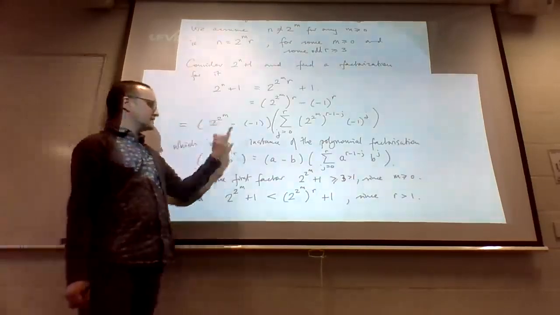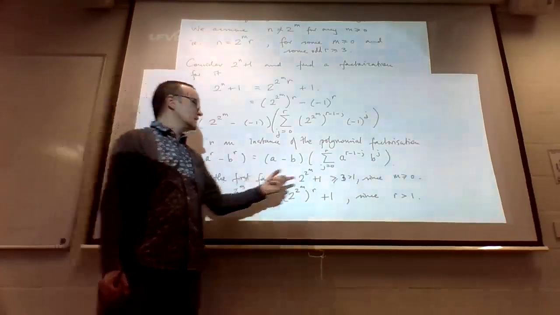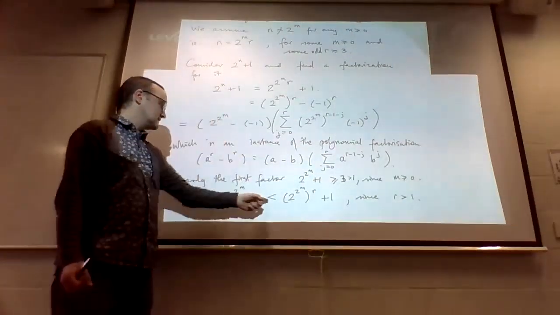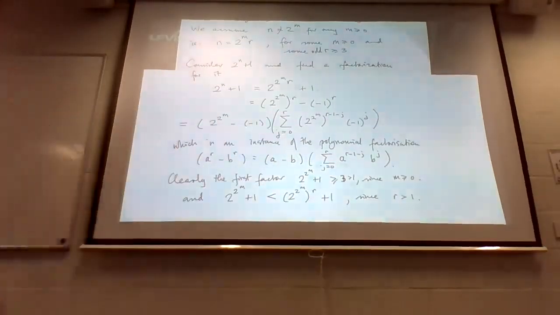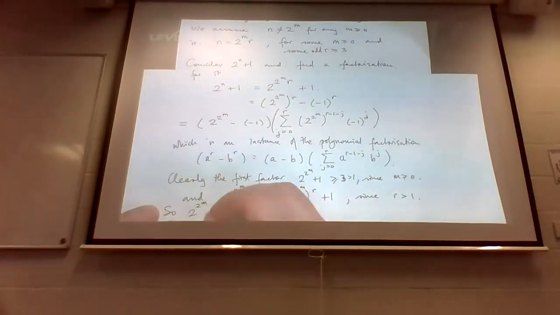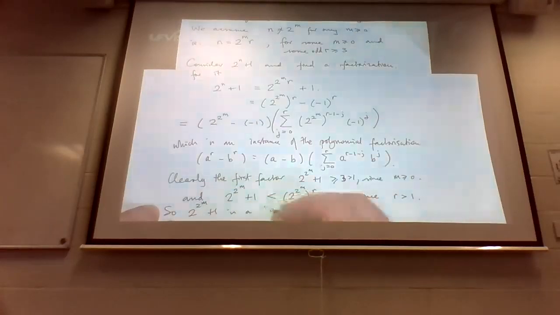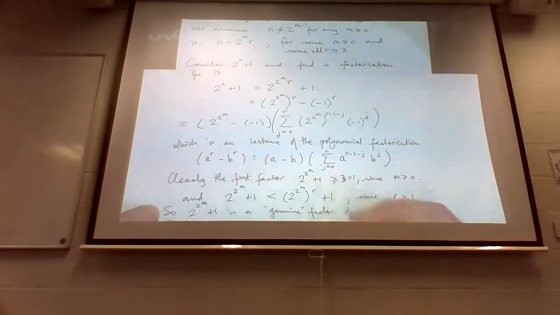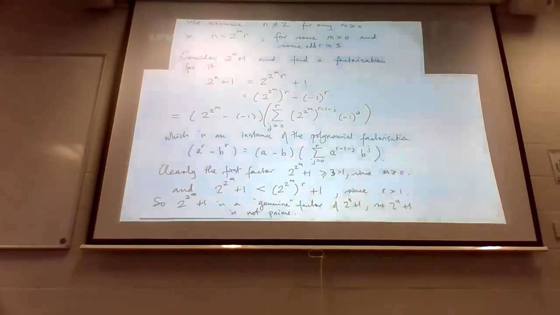So this first factor is a genuine non-trivial factor because it's bigger than 1 and it's less than the number it's factorizing. So 2 to the n plus 1 is not prime. So that's the proof of the contrapositive.